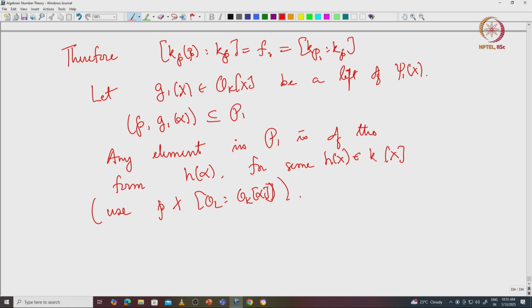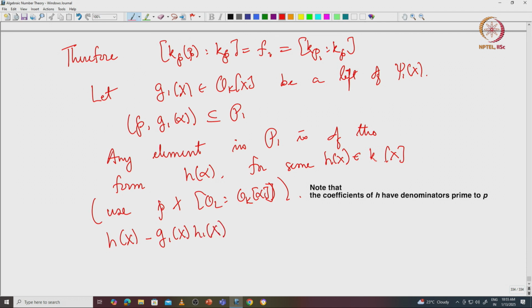Okay, but this means that there exists h_1(x) such that h(x) minus g_1(x) h_1(x) has coefficients in p, and modulo p, this g_1(alpha) is 0.